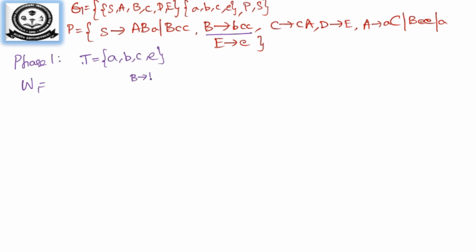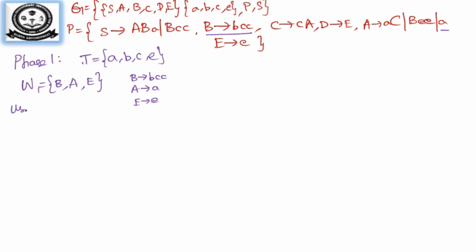Capital B derives small b, C, C. So you will have B in my set. Second one, C derives only non-terminals, D derives non-terminals, A derives AC, it's a non-terminal, again b, C, but it derives a, E. So I can have A implies a. So I will include A over here. Then finally I have E. So E implies e. So you will have E over here.